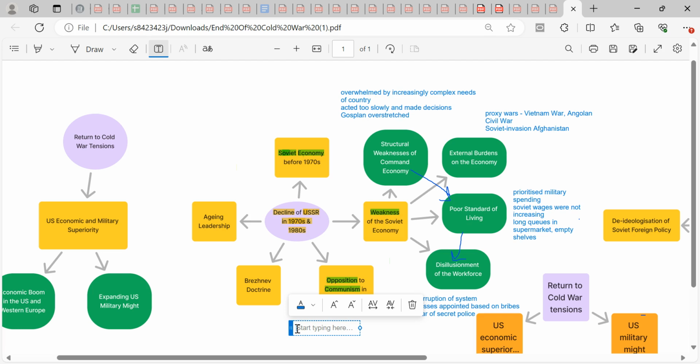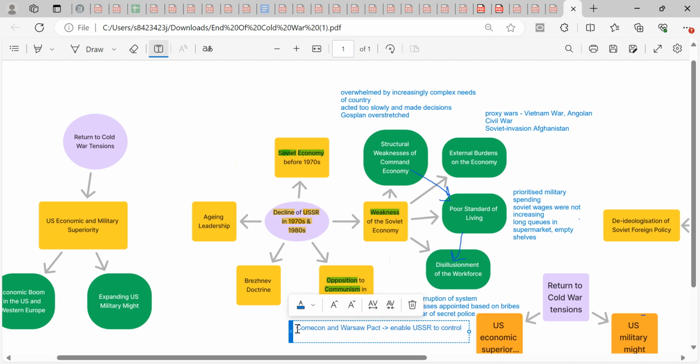But there were moments in the history of some of these Eastern European countries where they showed a degree of independence.